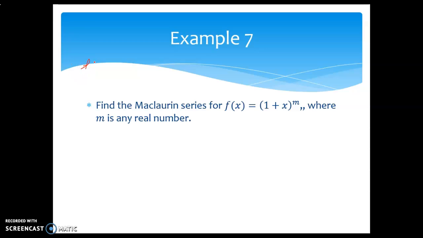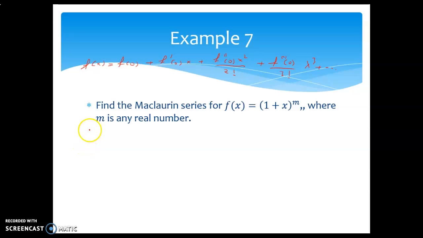So Maclaurin series has the following form: f of x equals f of 0 plus f prime of 0 times x plus f double prime of 0 times x squared divided by 2 factorial plus f triple prime of 0 over 3 factorial times x cubed and so on. So at this point, we are going to find the Maclaurin series for that function.